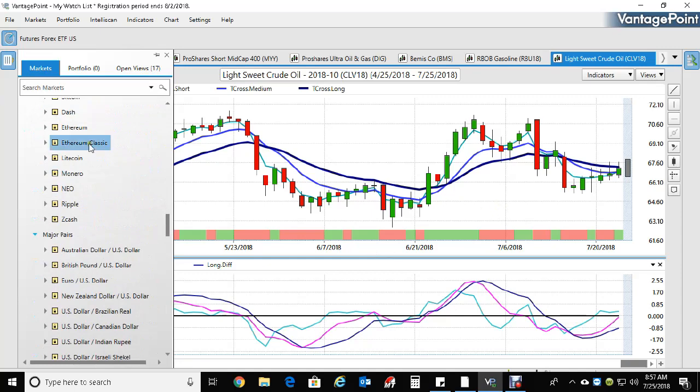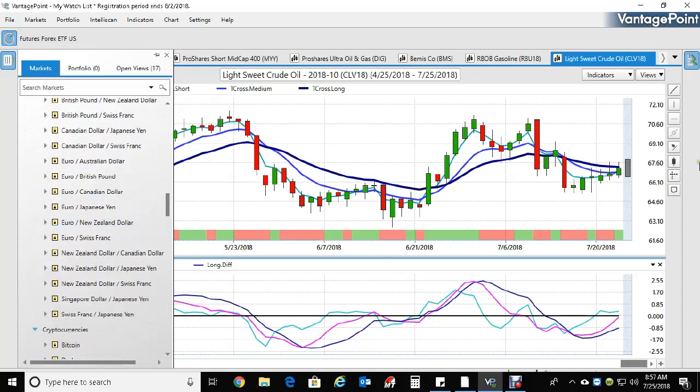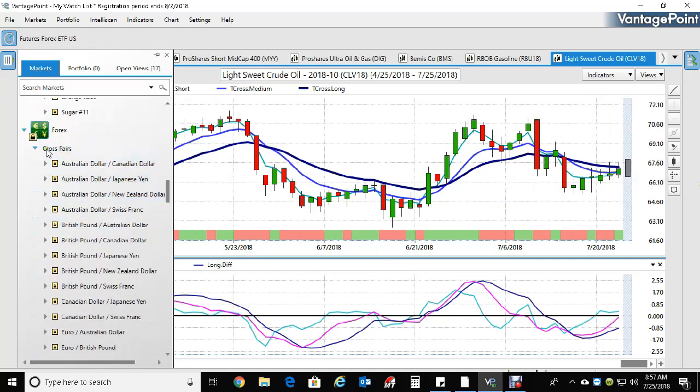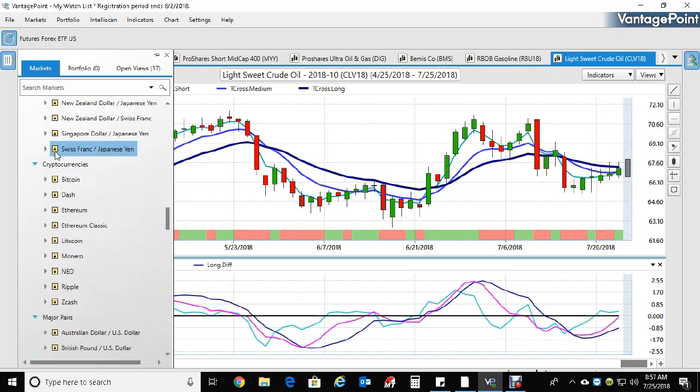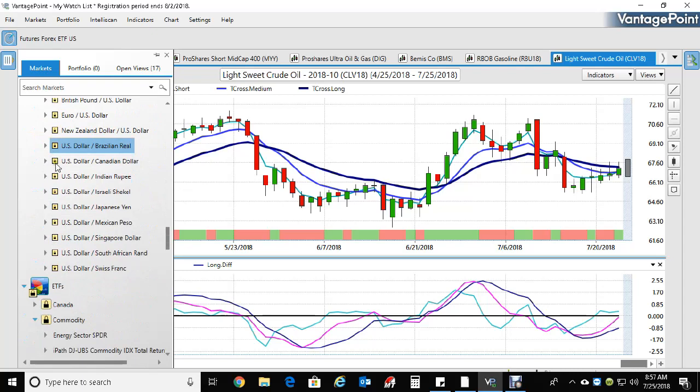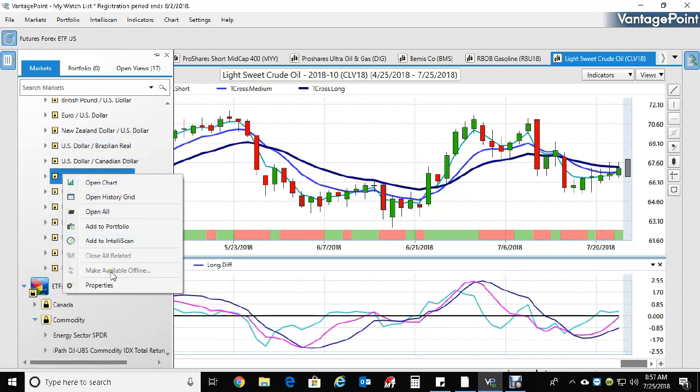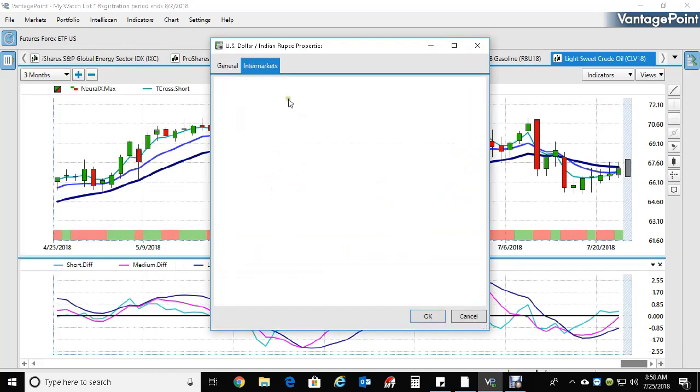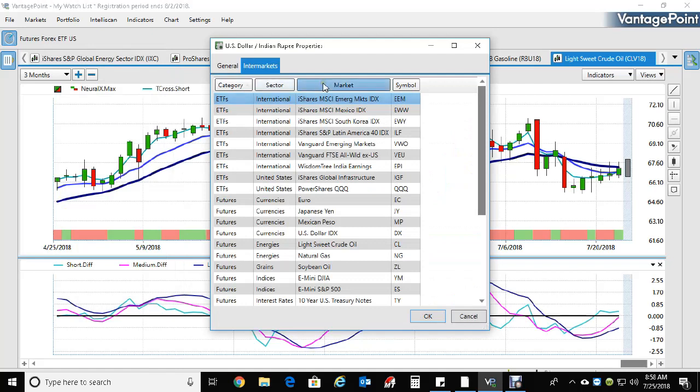But now here's a question. I got two more questions. I got 2 minutes, I want to use that. What is the difference between cross pairs and major pairs? I know major pairs are probably the major things. Well, the major pairs are the ones that are paired up with the U.S. dollar, and the cross pairs are the ones that don't have the U.S. dollar.